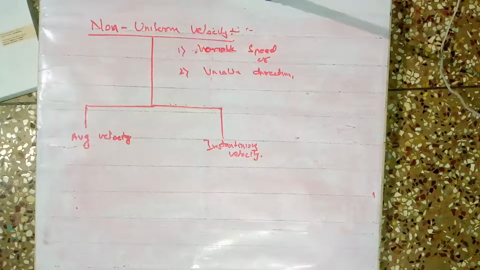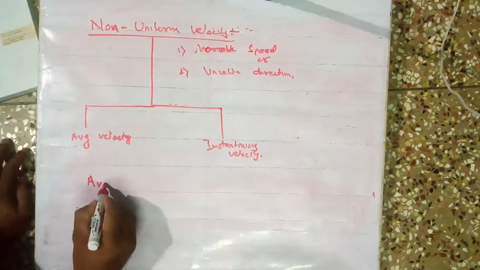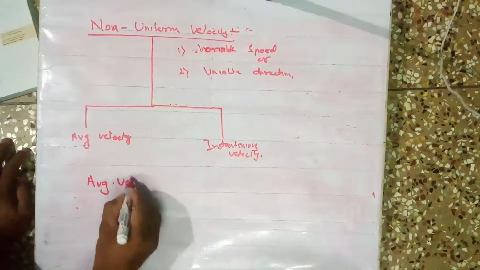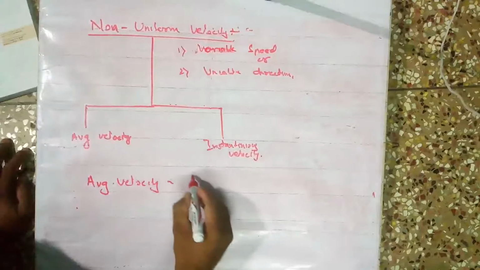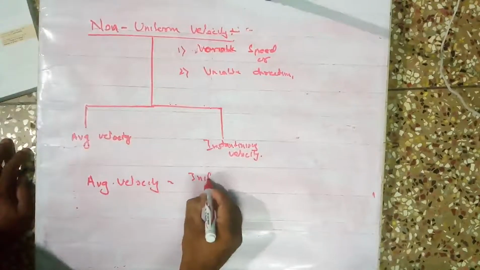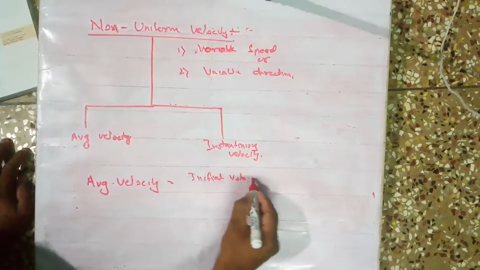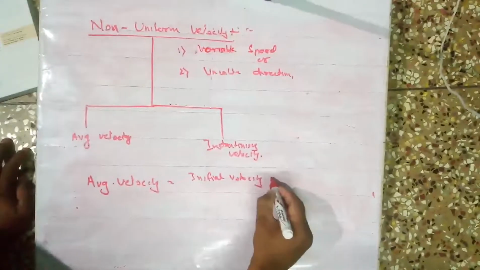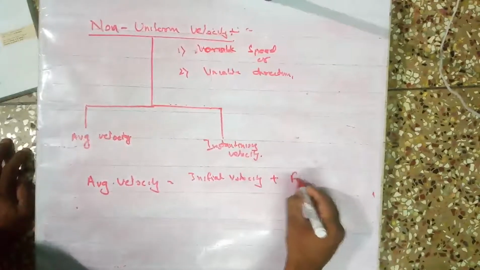Average velocity. Suppose you started your journey from a place; at that time, what is your velocity? That is called initial velocity. When you reached a certain place, what is your velocity at that time?